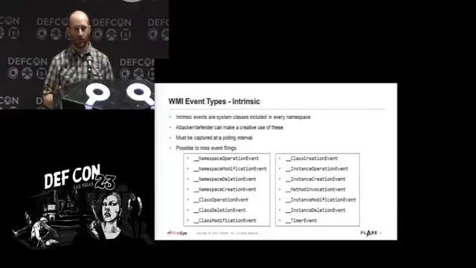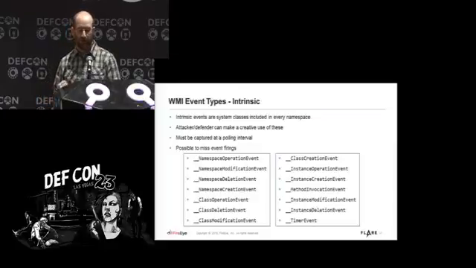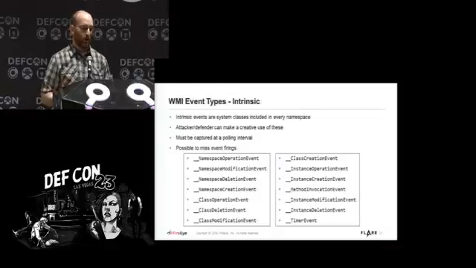And when I say system class, I refer to any class that begins with these two underscores here. So within each namespace, you have all these intrinsic events. So there's some really valuable queries that you could subscribe to. For example, I used the instance creation event earlier to trigger off of whenever an object is created of the type that I'm targeting, then I can go do something with that accordingly.